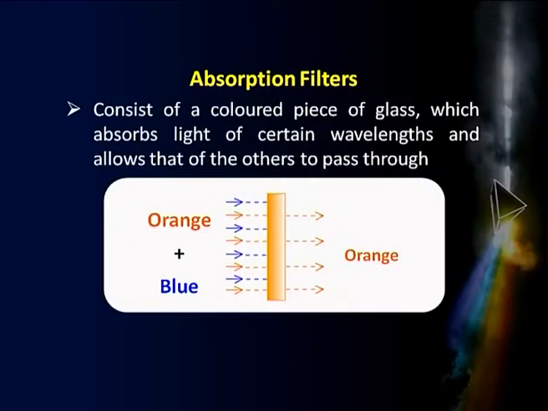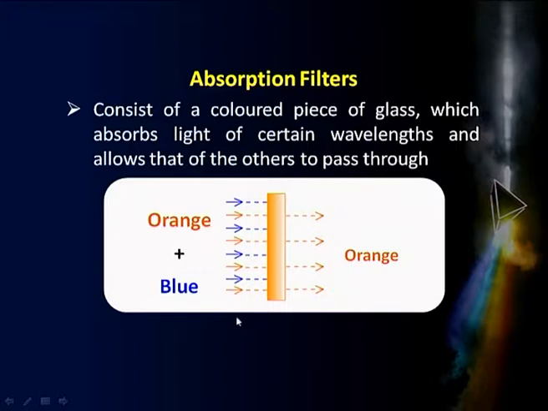So, with these absorption filters, say I am talking about white light. That white light can be created by suitably combining, say, an orange and blue color. Suppose this is falling on this filter. This glass is such that it will absorb part of the radiation. The blue part of the radiation is absorbed by it, and what comes out of it is the orange part.